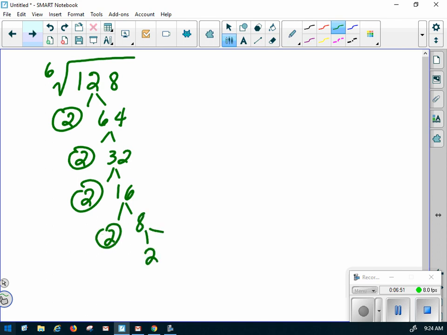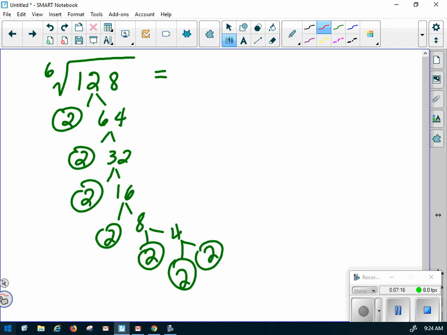I'm going to go off to the side here. 6th root is how you'll say it. Do you have sextuplets? And I think that's what 6 are called.